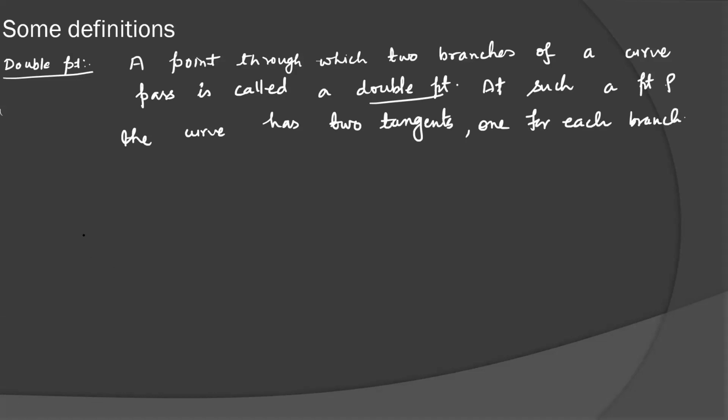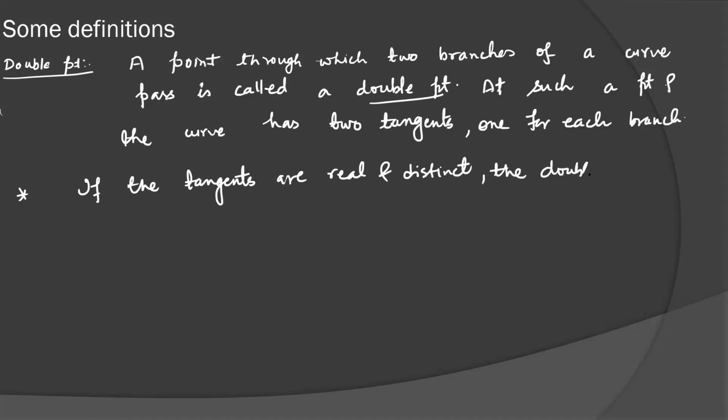Let's see the cases. First case: if the tangents are real and distinct, the double point is called a node.